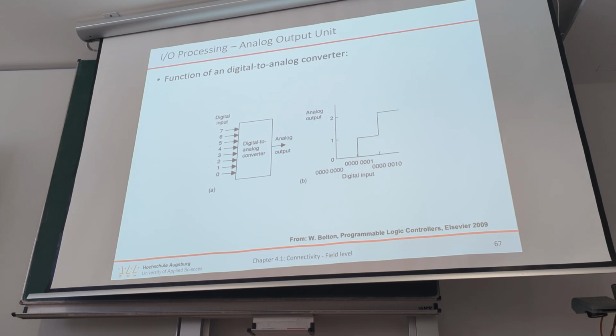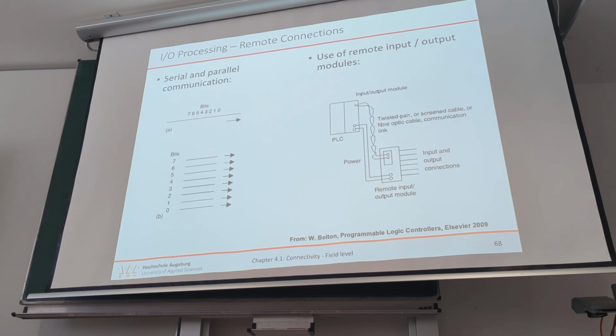So that's the cheapest version of a digital to analog converter, and there are ones that are faster or more accurate. Yes, we do that differently. But in the end, we always have to work digital in our control system, in our software.